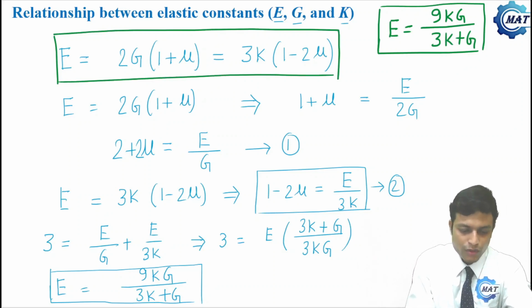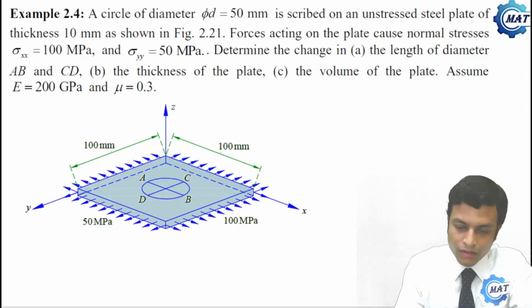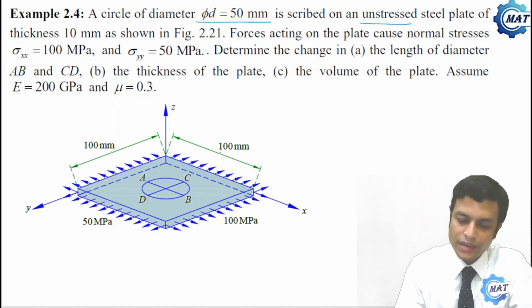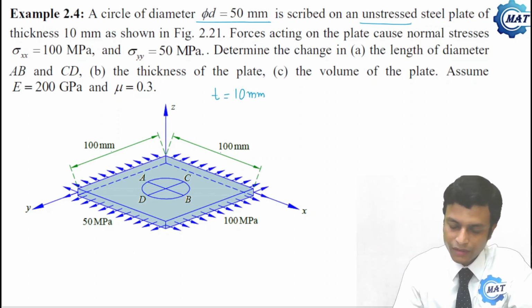Now let us solve one problem. A circle of diameter 50 mm is scribed on an unstressed steel plate of thickness 10 mm. Thickness is 10 mm, so t equals 10 mm as shown in the figure.